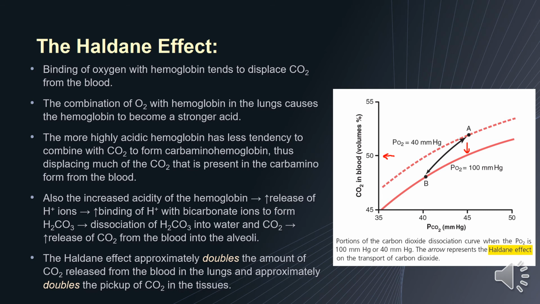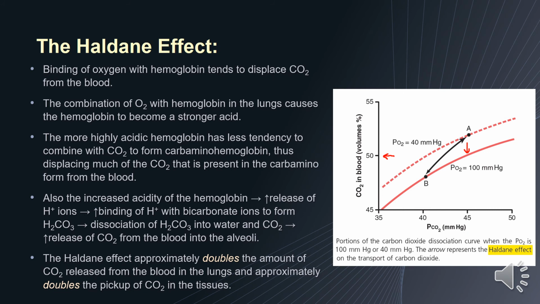Please take a look at point B. At point B, it shows you how much the blood is saturated with carbon dioxide in the arterial blood, where the partial pressure of carbon dioxide is 40. It's about, as you can see, about 48 by volume, meaning 48 mL of carbon dioxide carried by each 100 mL of blood.